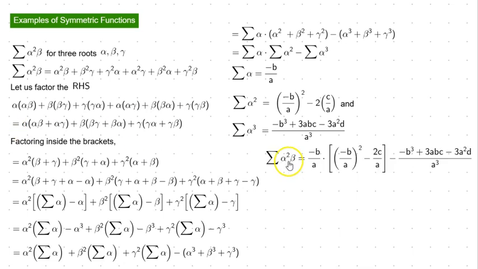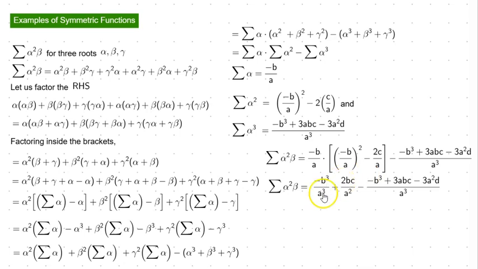So now we do the substitutions. Here we have sigma alpha, which is minus b by a, times sigma alpha square, which is minus b by a the whole square minus 2c by a, minus sigma alpha cube, which is minus b cube plus 3abc minus 3a square d divided by a cube.